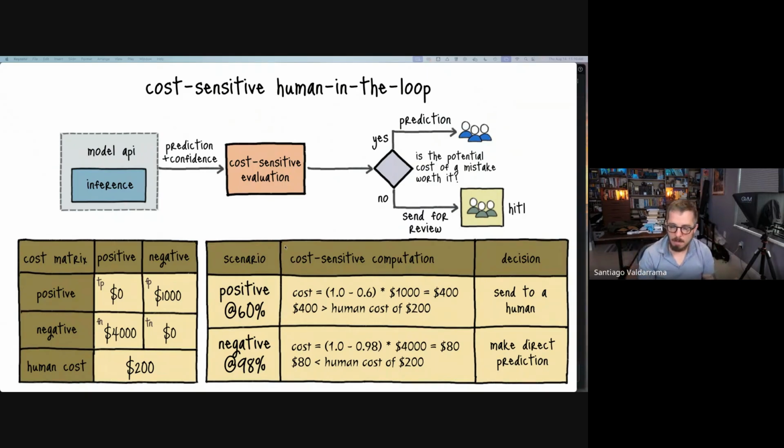So I sit down with the company and I ask, okay, tell me what happens if a component breaks. And they tell me, well, if a component breaks, the whole factory stops and we're going to lose $4,000. Okay, that's great.